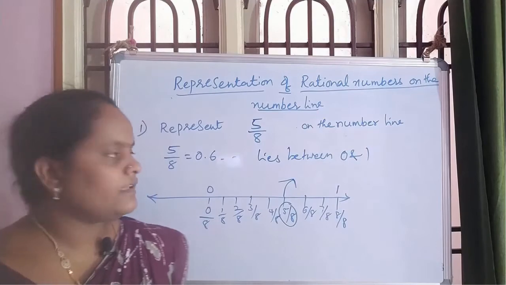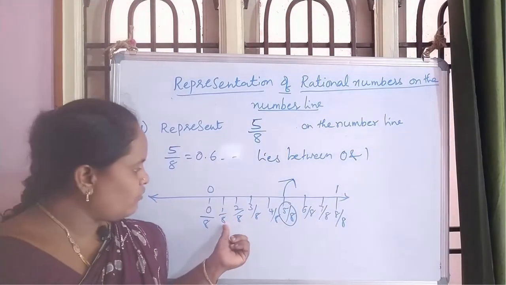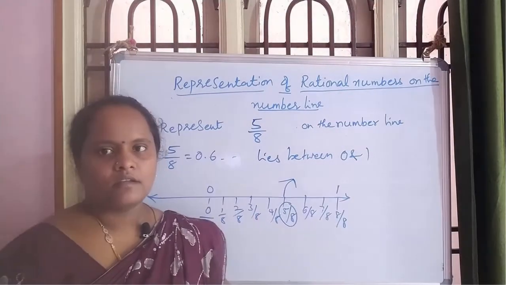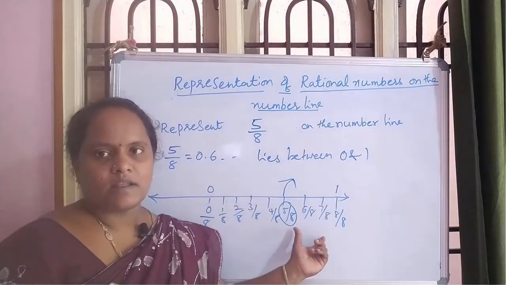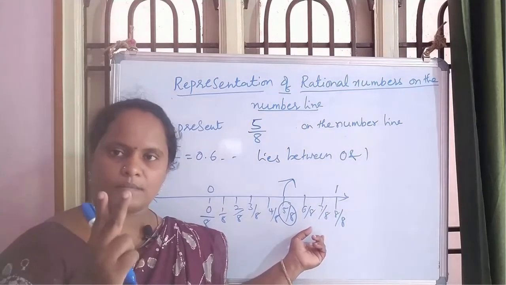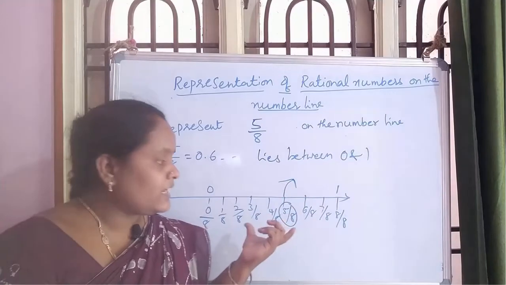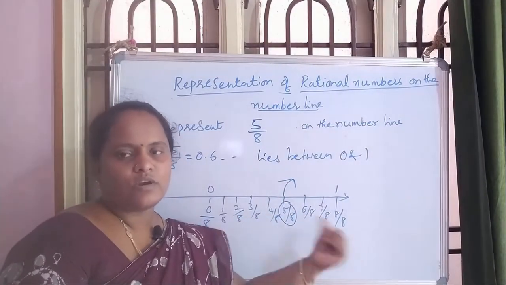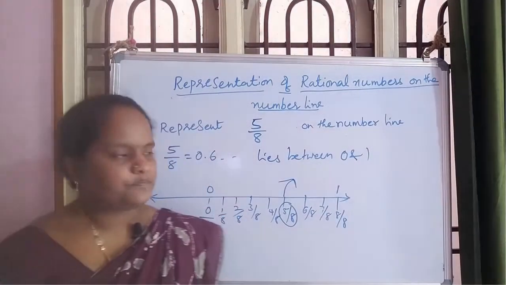So children, here in between 0 and 1, how many rational numbers are there? 1, 2, 3, 4, 5, 6, 7. With the denominator 8, we got 7 rational numbers. In the previous question, with the denominator 3, we got 2 rational numbers. Whatever denominator is there, one less than that many rational numbers exist between any two integers, not only 0 and 1, even between 1 and 2 the same applies.